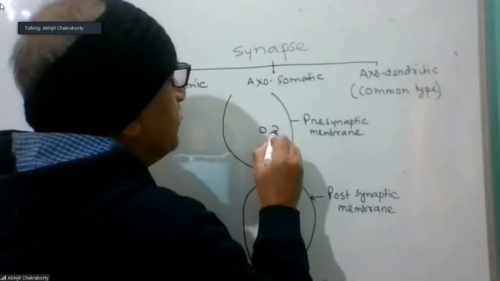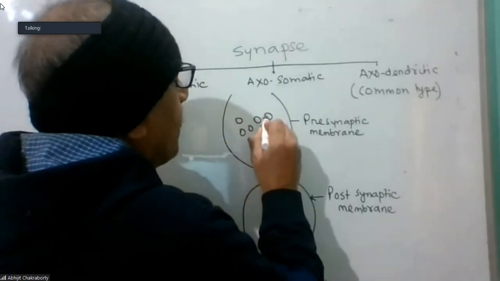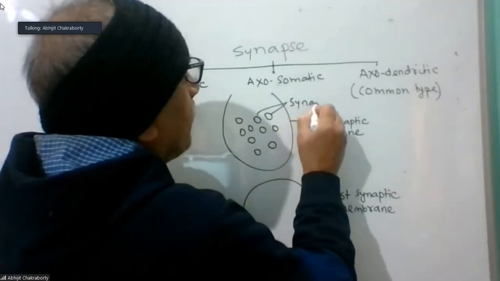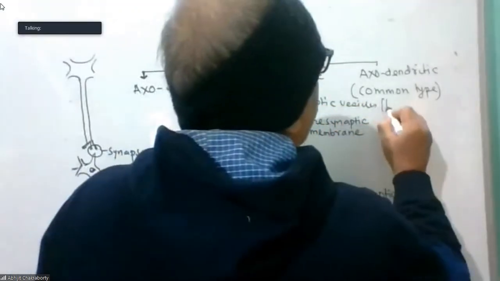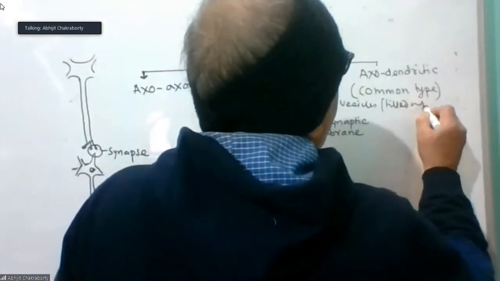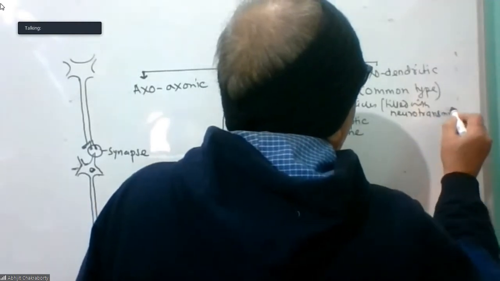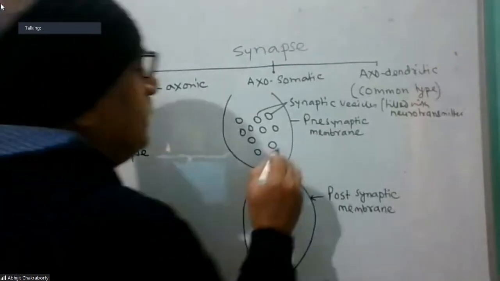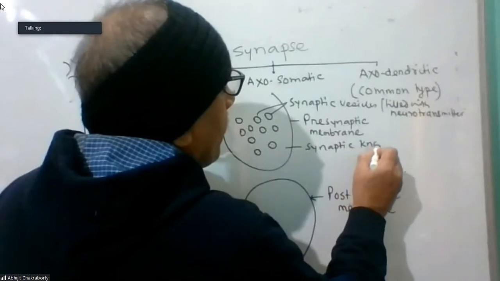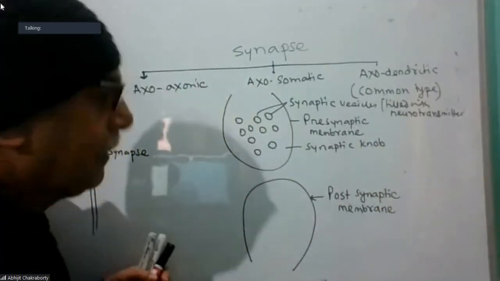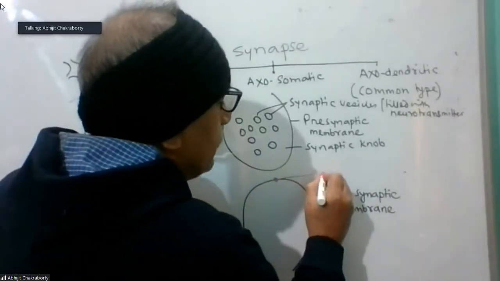Here you will get vesicles called synaptic vesicles, filled with neurotransmitter. This swollen part is called the synaptic knob. In the postsynaptic membrane, you will get the receptor.